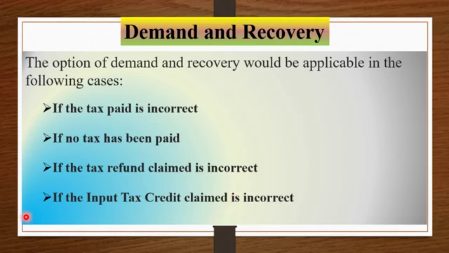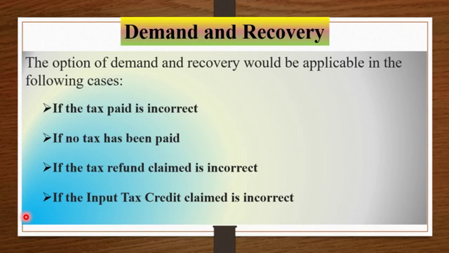Friends, in these cases, the proper officer would issue a notice to the assessee to state the reasons for the above cases. Moreover, the officer would also issue a demand for the assessee to pay the tax and penalty for fraud.